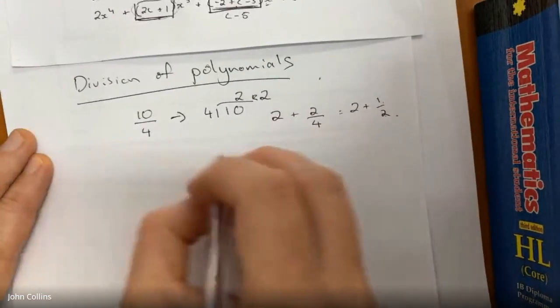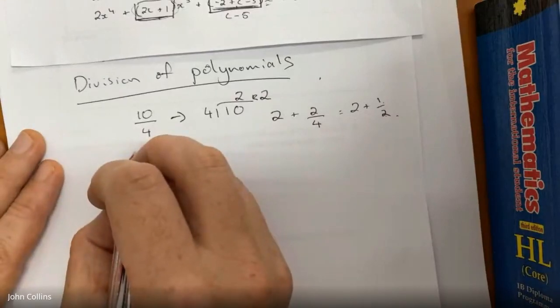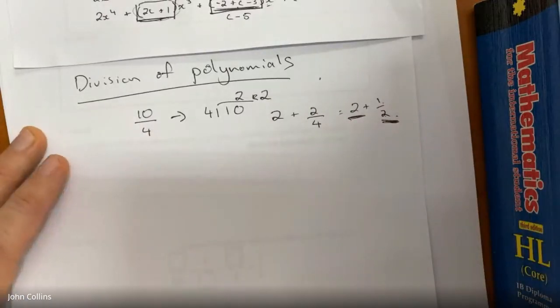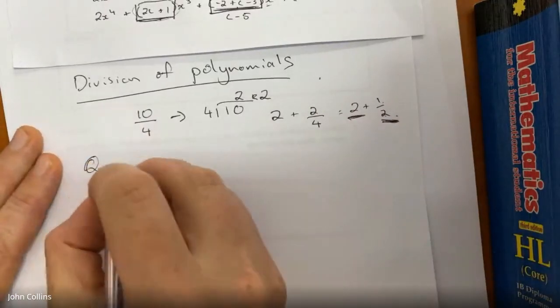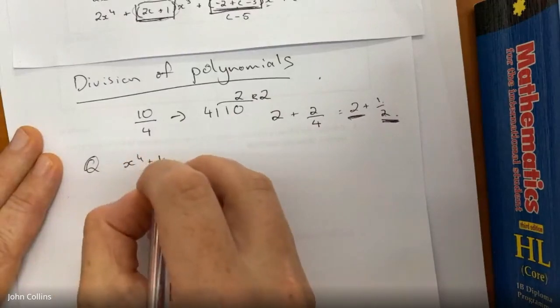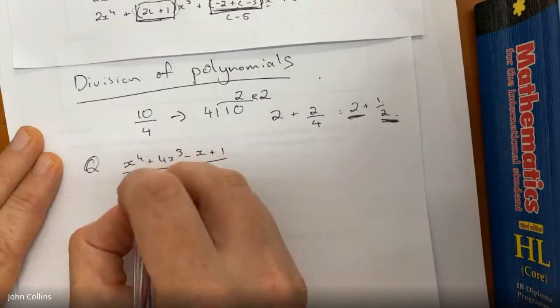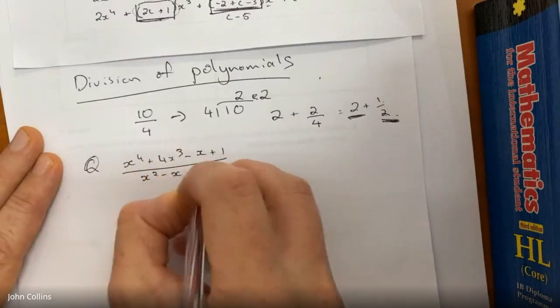Let's look at one. Find the quotient and remainder of this division: x to the 4 plus 4x cubed minus x plus 1, all over x squared minus x plus 1.